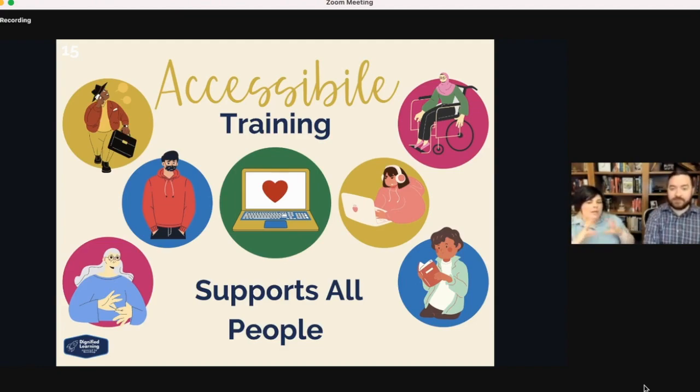So when you think about all of the challenges that can be addressed by providing that one extra piece of accessibility, whether or not there is a compliance piece to it, whether or not you would argue you have to have it, it makes the training more accessible for everybody.